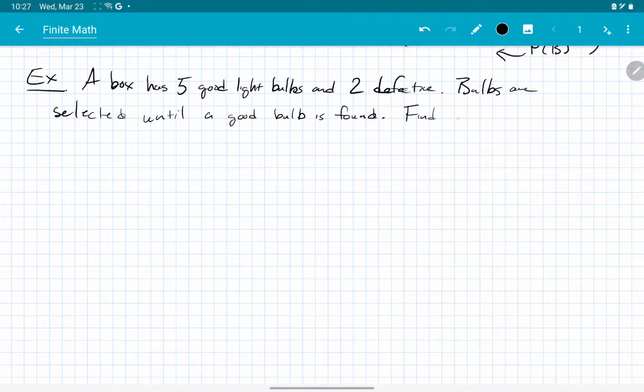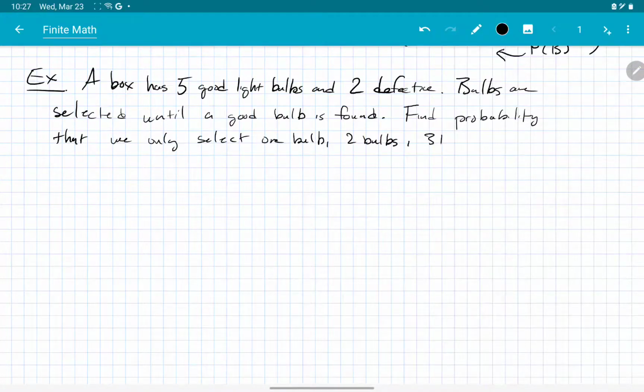Find the probability that we only select 1 bulb, 2 bulbs, or 3 bulbs.